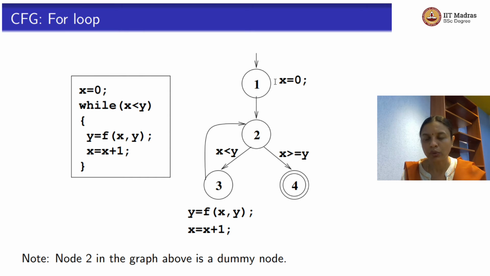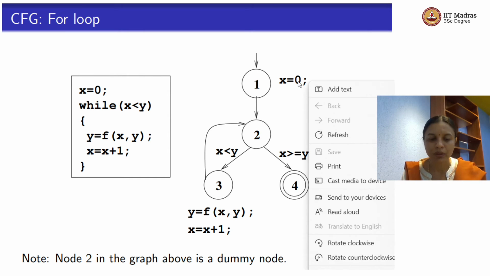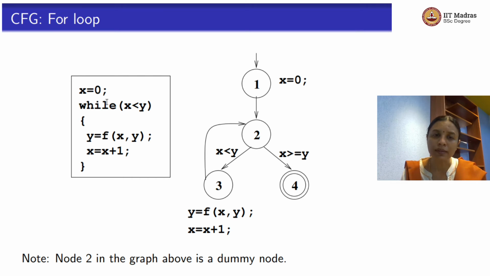That's this initial node, node 1, x is equal to 0. Then for this while, I could have clubbed it with node 1, but I distinguish it and put it in node 2. Why? Because when this while statement repeats, I don't go back to x is equal to 0. I have to go back to checking for this while. So it's better to distinguish the two statements.